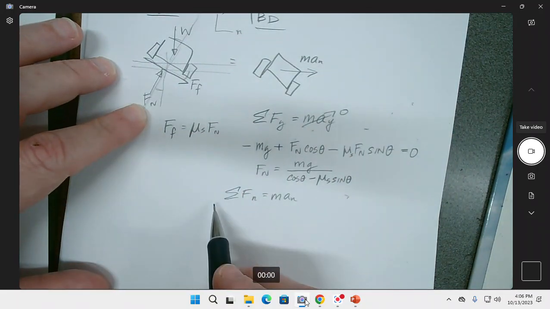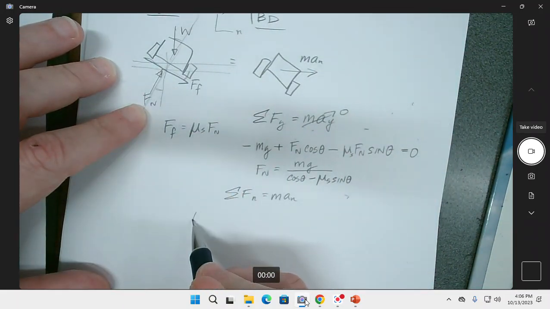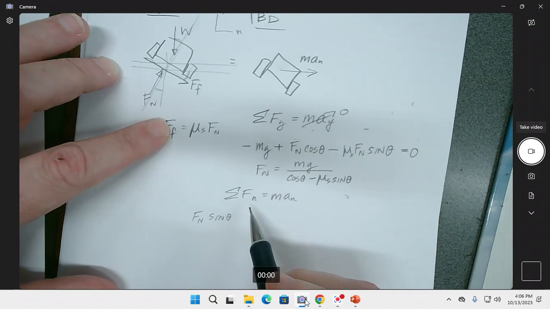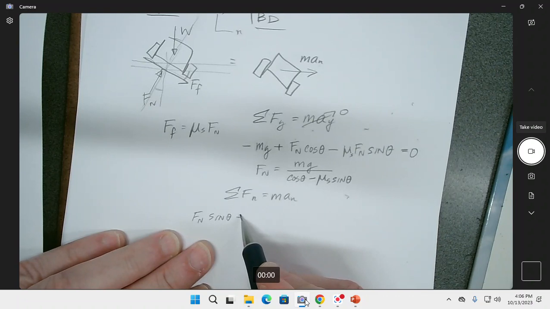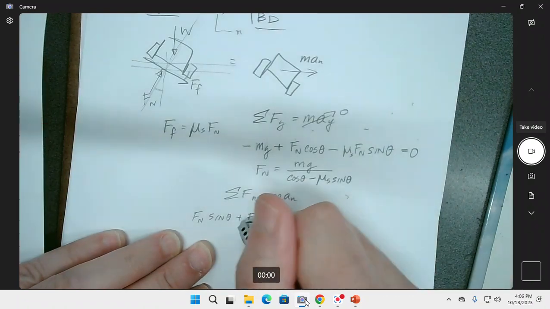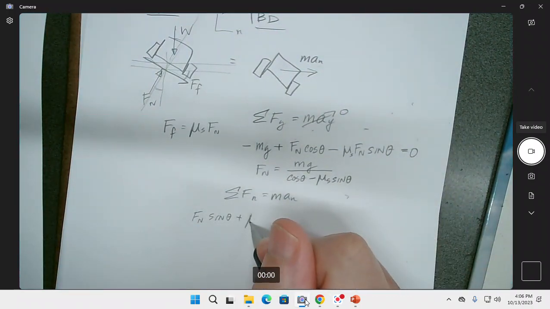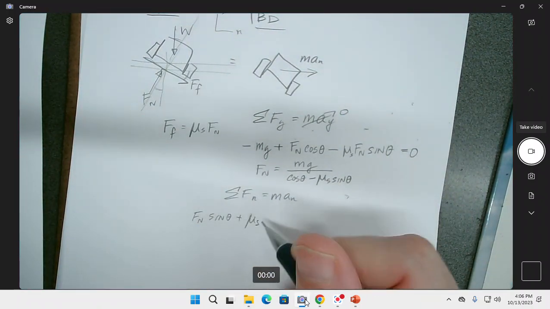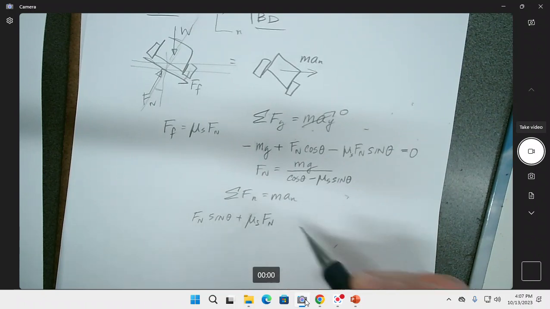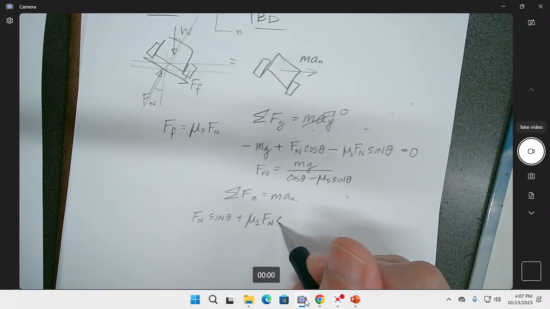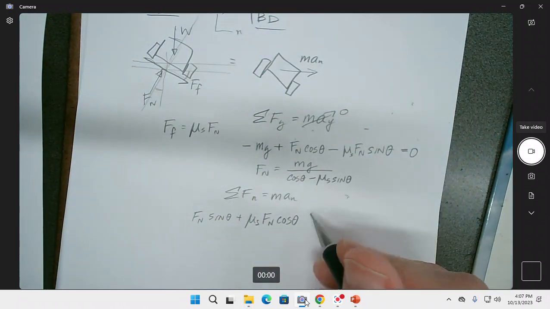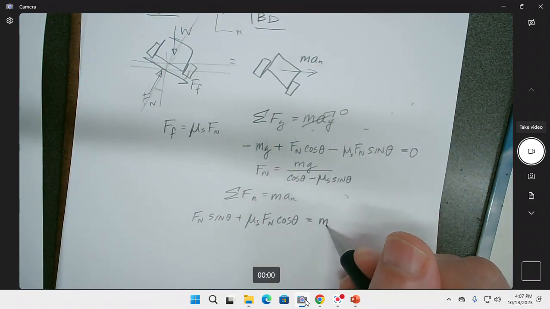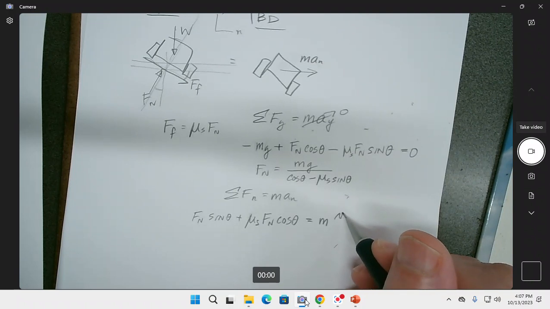Well, W doesn't show up anymore, but we have Fn times the sine of theta, going that way, and then plus Ff, but instead of Ff, I'm going to write mu s times Fn, going to the right, equal to m v squared over r.